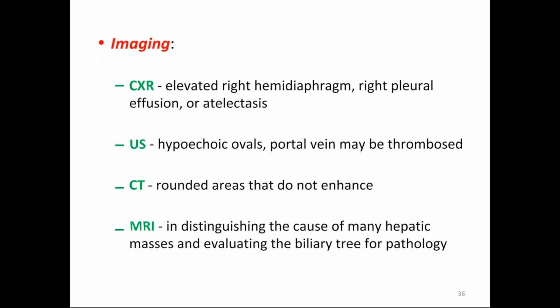The imaging: chest X-ray will give you right-sided pleural effusions or collapsed lung in the right lung, because the lung is present directly above the liver. So right-sided pleural effusion is a common finding in these patients.